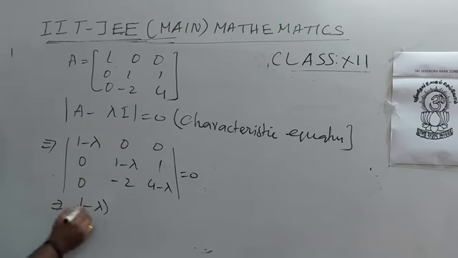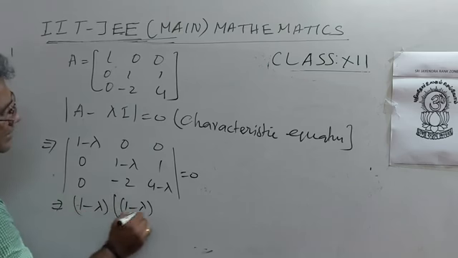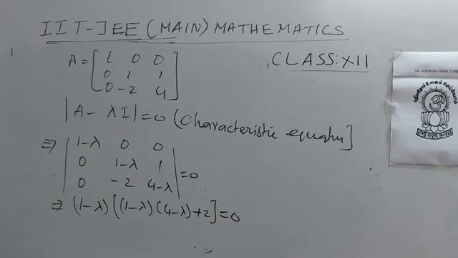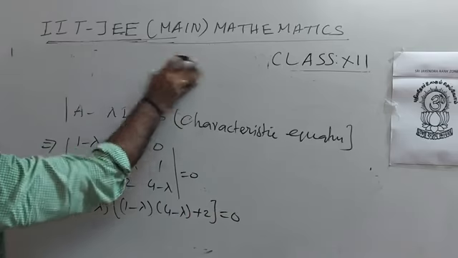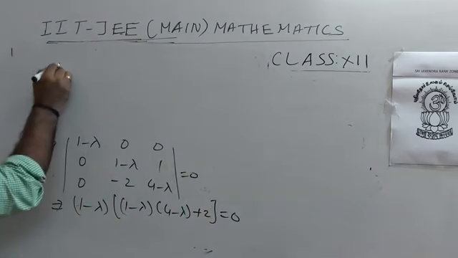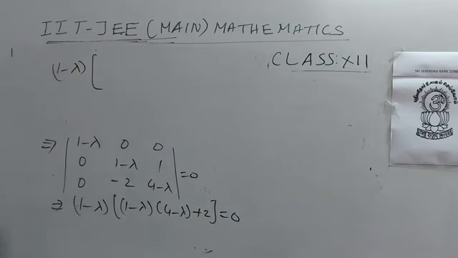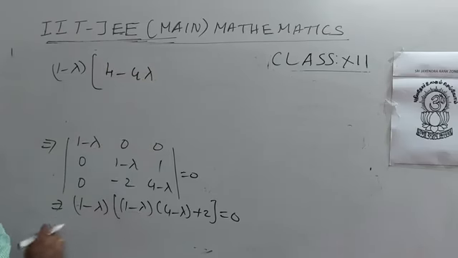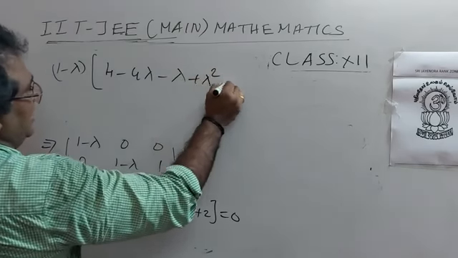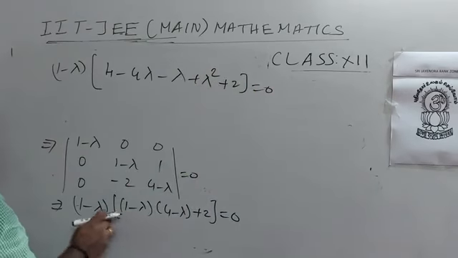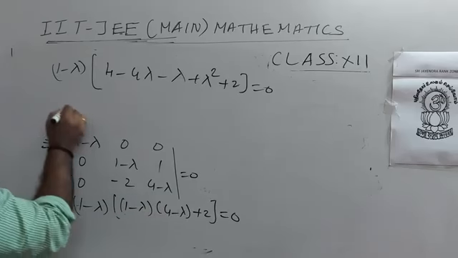So 1 minus lambda into (4 minus lambda) plus 2 equals 0. That is 1 minus lambda into (4 minus 4 lambda minus lambda plus lambda square plus 2) equals 0.